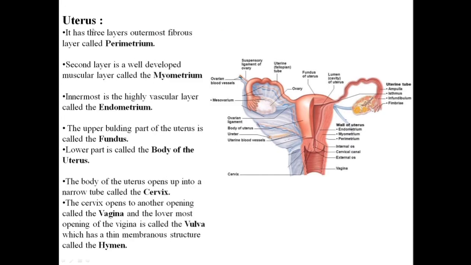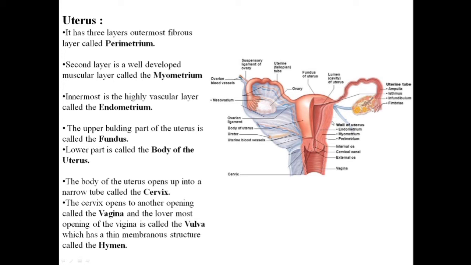We also studied about the uterus. This is the uterus, which is also called the womb, and this is the place where the fertilized egg, or the fertilized oocyte, is implanted. So it is fertilized in the fallopian tube and then implanted into this uterus. The uterus has three layers.